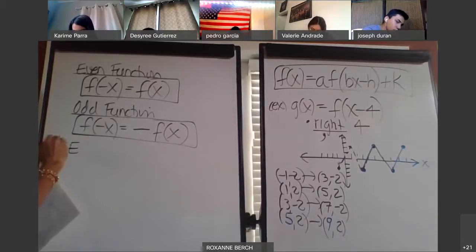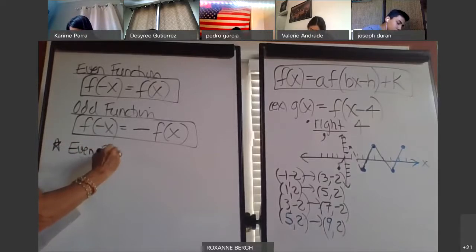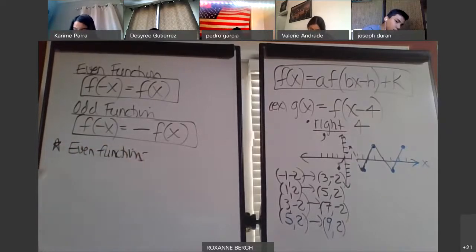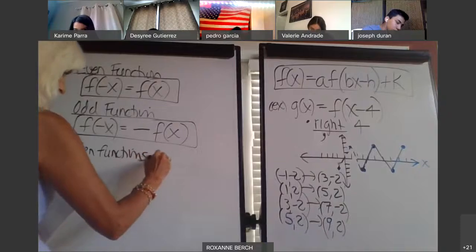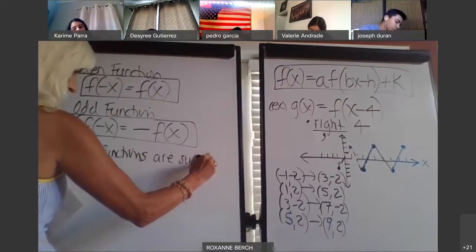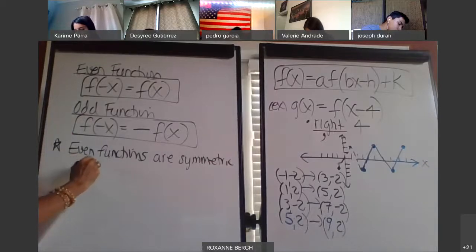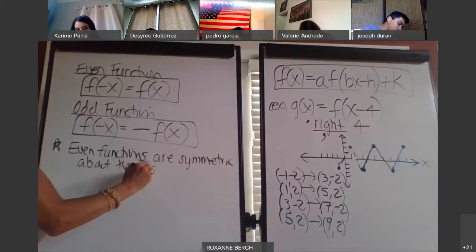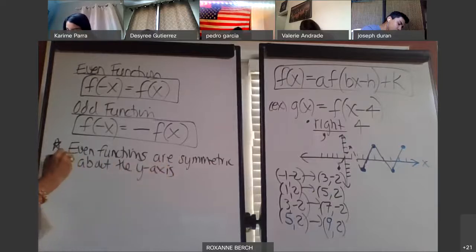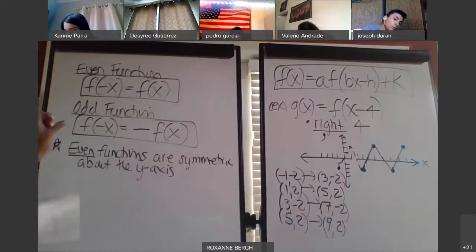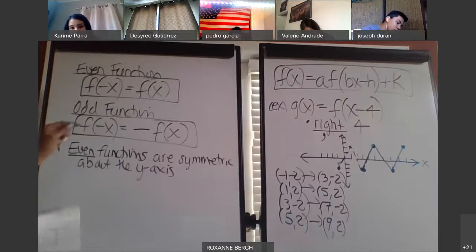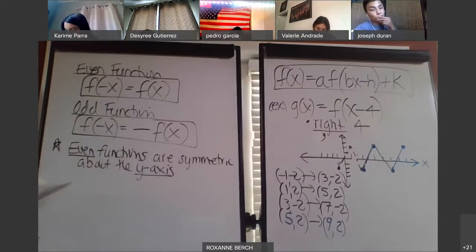Even functions are symmetric about the y-axis. An even function would be the quadratic. So the quadratic is symmetric. It's a mirror image across the y-axis. It's an even function. So it's not just even because of the power. It has to be symmetric about the y-axis.